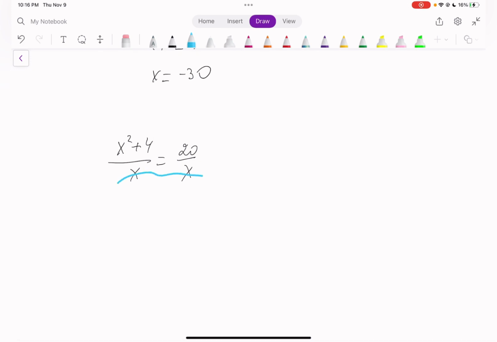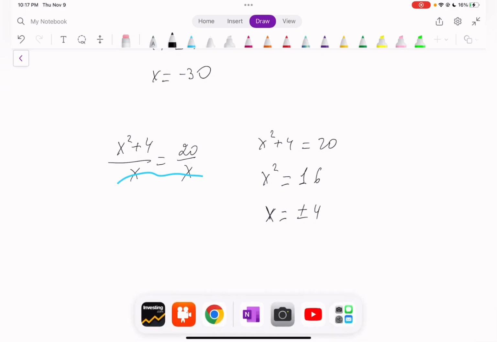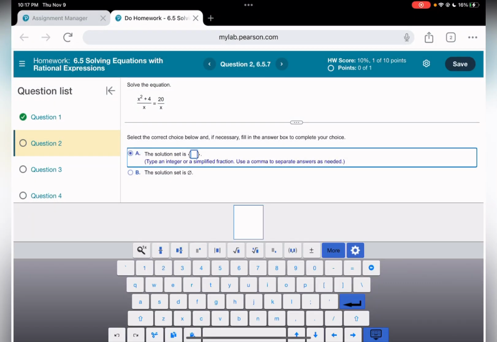So throwing it out the window, I don't have to make any changes, and I will get x squared plus 4 equal 20, right? x squared equal 16, which means x is going to be equal plus minus 4, correct? Plus minus 4.